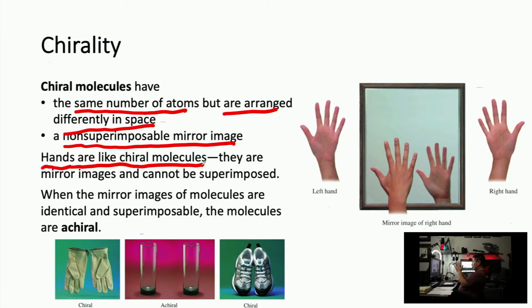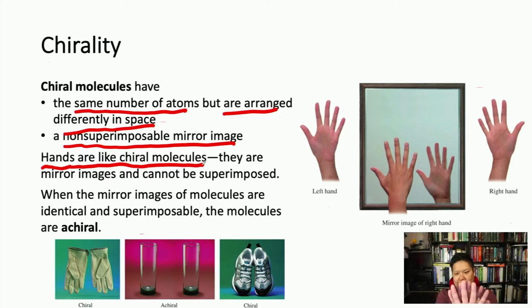But when you try to superimpose them on top of each other, they don't match anymore. So they look the same as mirror images, but when you superimpose them, they're not the same anymore. And that's why your hands are chiral.